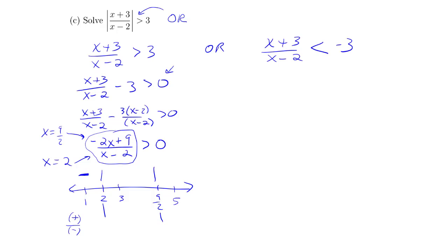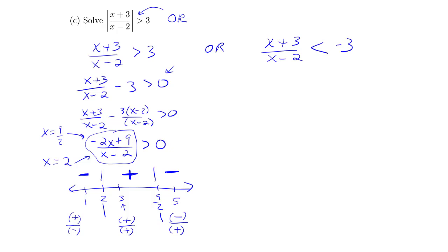In here, if I use my test value of 3 and plug that in, negative 6 plus 9, that's a positive. 3 minus 2 is a positive, so I'll get positive in that region. I'm doing the same for 5: negative 10 plus 9 would give me a negative. 5 minus 2 would give me a positive, and so that's negative.